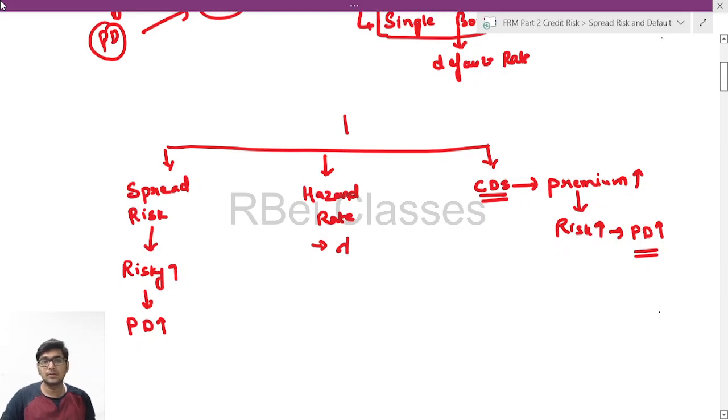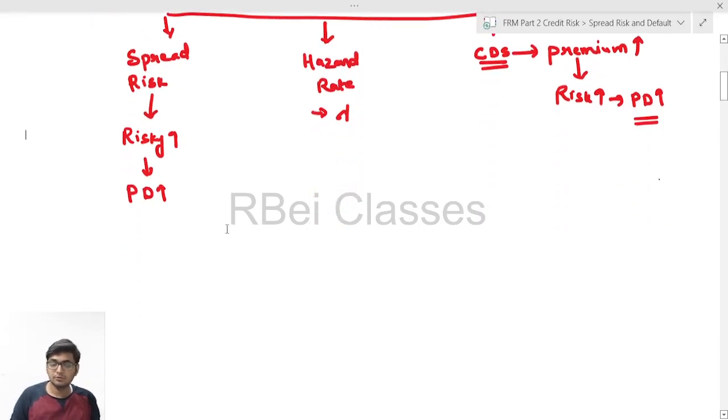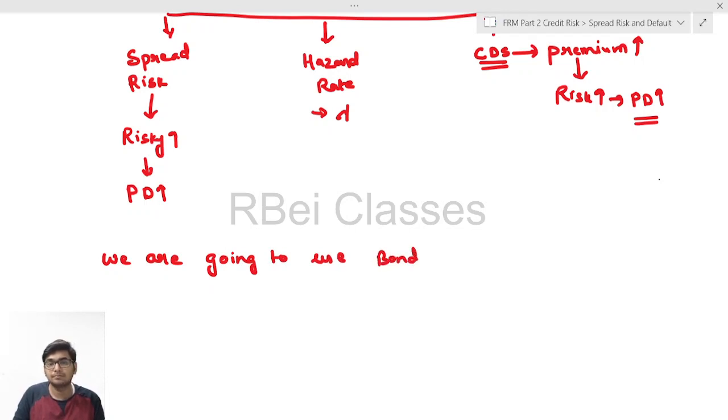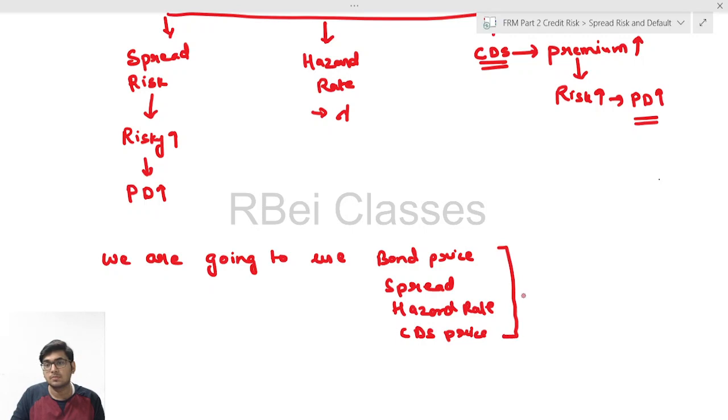Okay, so over here write down, we are going to use bond price, spread, hazard rate, CDS price to find out the probability of default. Clear? This is my agenda, to actually find out the probability of default.